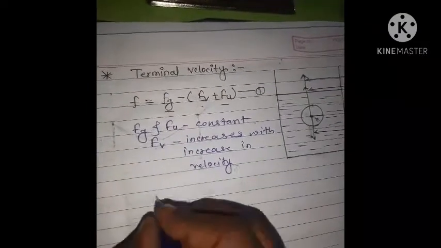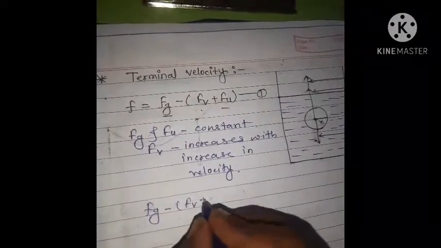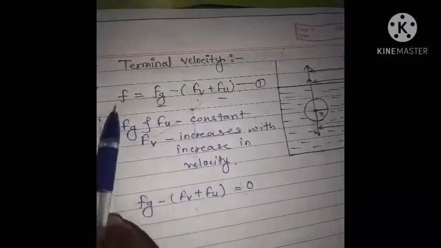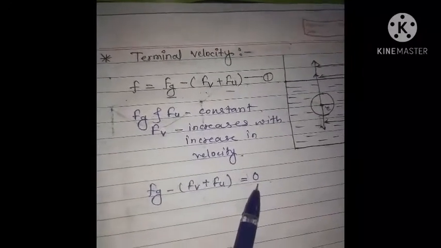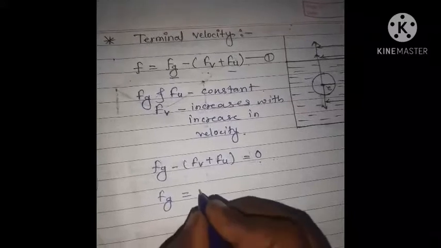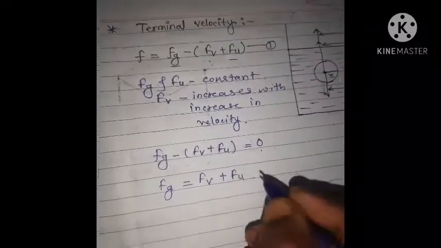Therefore, Fg minus Fv plus Fu is equal to 0. The net force becomes 0. So we can write Fg is equal to Fv plus Fu.